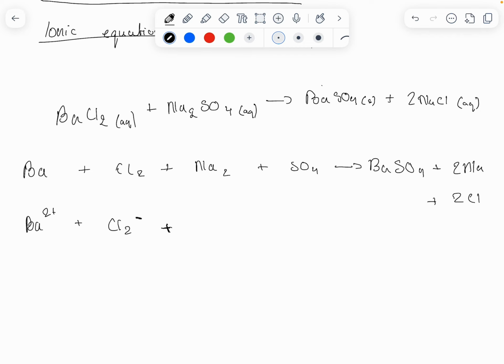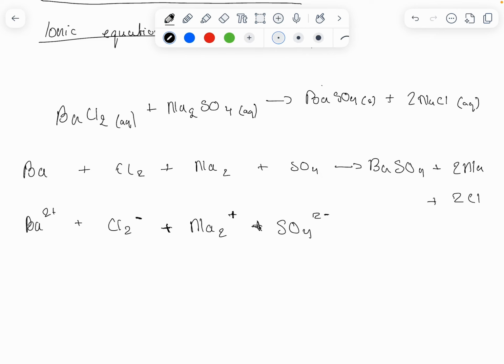Now we go to the periodic table. Sodium is part of group 1, so it has a 1+ charge, and there are 2 sodiums, so Na2+, the charge is multiplied, so it becomes 2+. Henceforth, we can figure out to balance this, the sulfate has to have a charge of 2-.